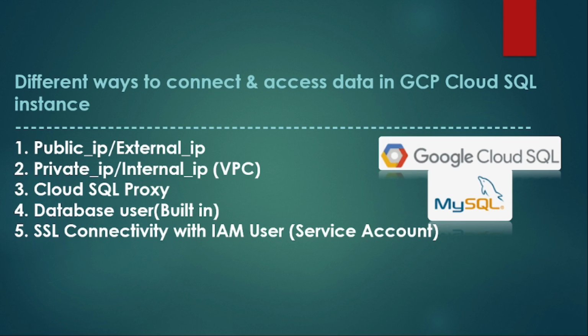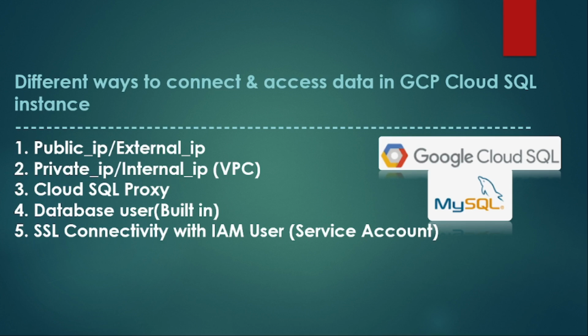The second approach is private IP, or internal IP. When we configure Google Cloud SQL using a private IP, it is very secure. Within Google resources like a virtual machine or GKE, we can connect to the Google Cloud SQL instance and access the data, but we cannot connect from outside applications like our local desktop or external applications.